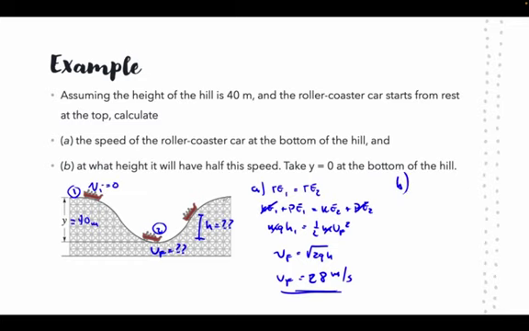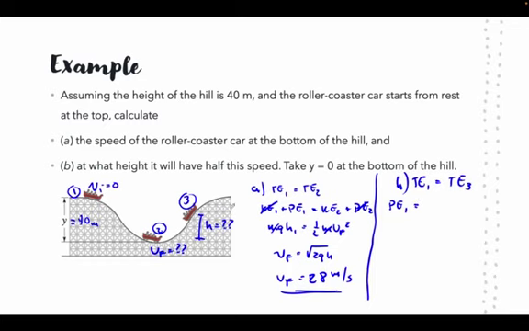So at B, they're asking us to find this point. So I'm going to say that this is point 3. So that would make the total energy at point 1 equal to the total energy at point 3. I already realized that at point 1, my entire energy is potential.